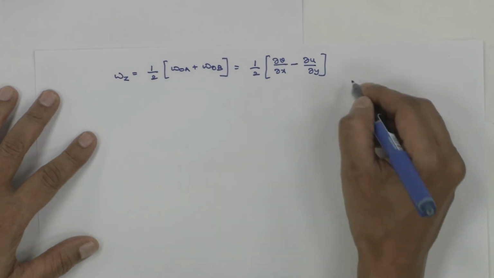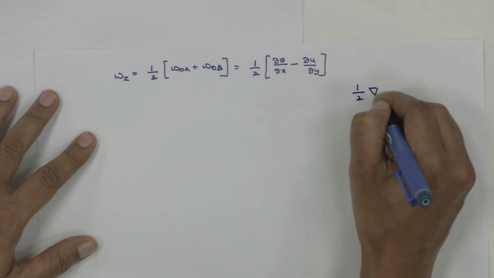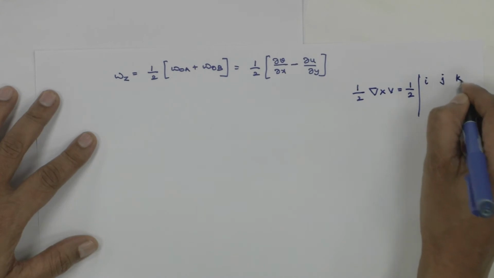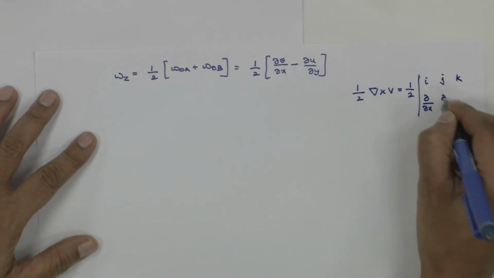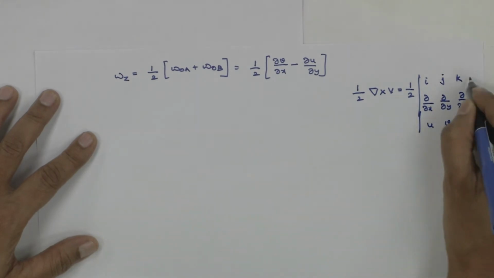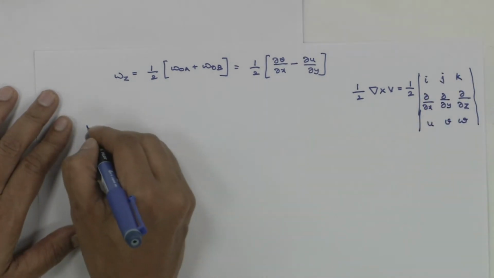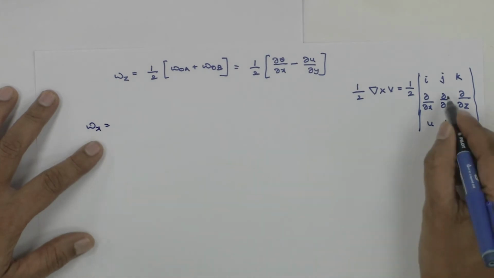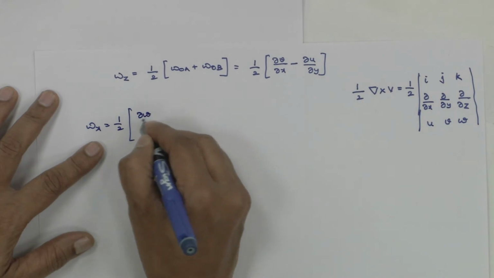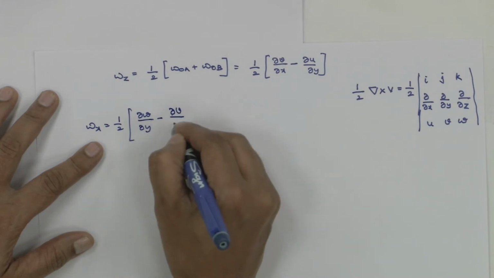Now if you take del cross V, this is half of del cross V. If you take half of the determinant with i, j, k, ∂/∂x, ∂/∂y, ∂/∂z, u, v, w, you are going to get the rotation in the x direction, omega x, equal to half of ∂w/∂y minus ∂v/∂z.